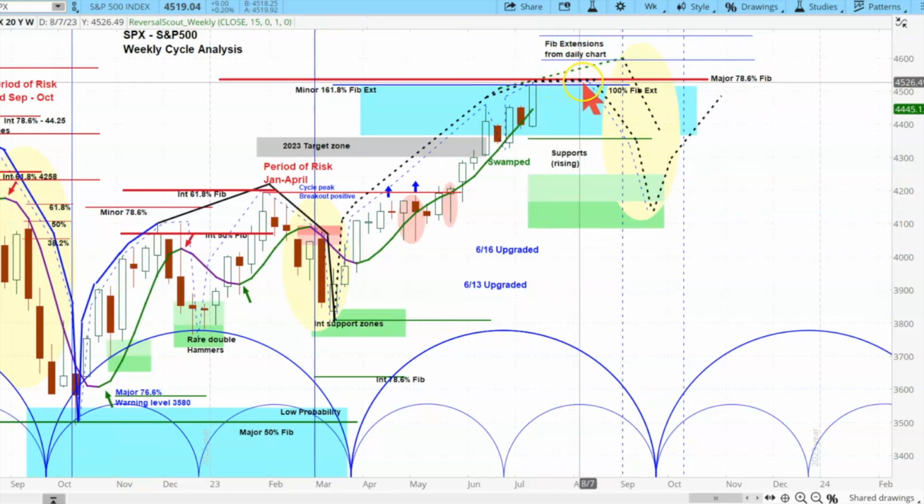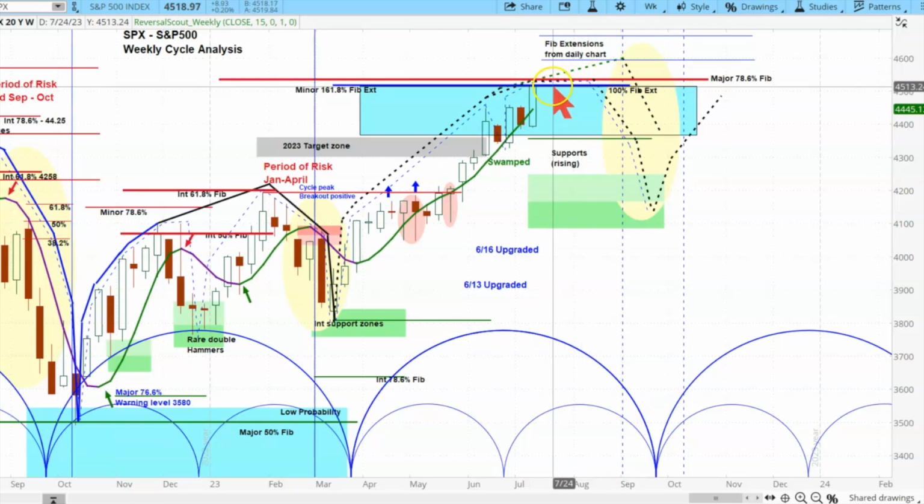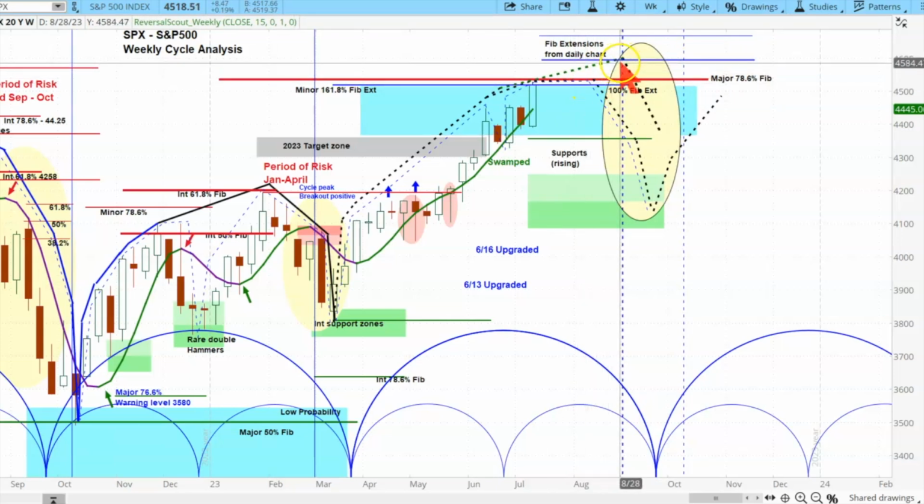Now, the reason I have this projection still at around 45.30 for the lower projection is because there could be a pullback in here, and that's based on the Russell, and I'll show you that in a little bit. So this is the look at the S&P 500, and you can see here on the weekly chart still looking positive at a tough spot with a potential to head up towards that 4,600 area by mid-August.